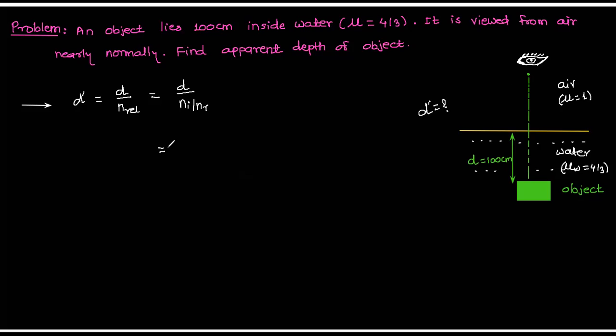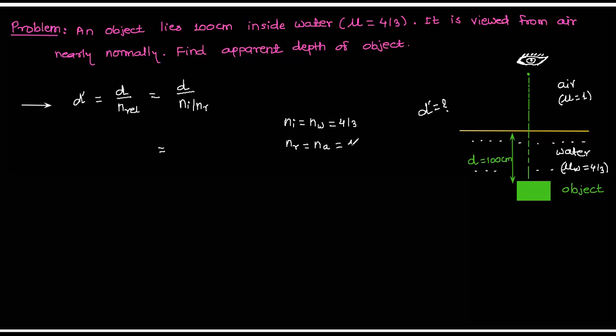Incidence does not always mean air, because the ray will come from down, from water, and it is reaching our eye. So here ni is equal to nw is equal to 4/3, and n of r is equal to n of a is equal to 1.